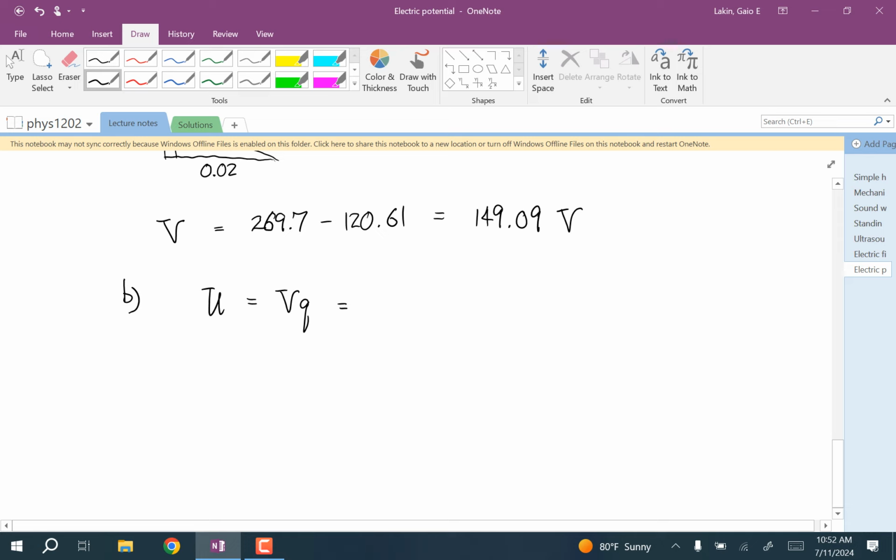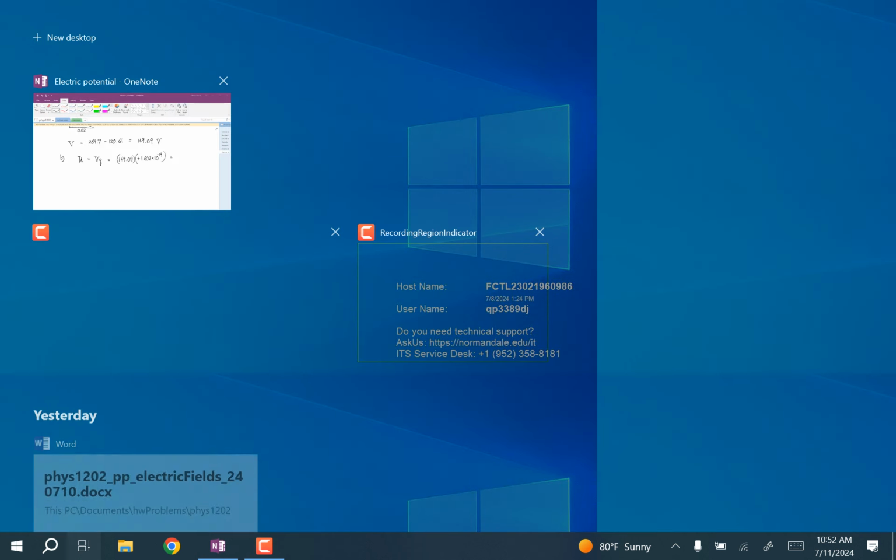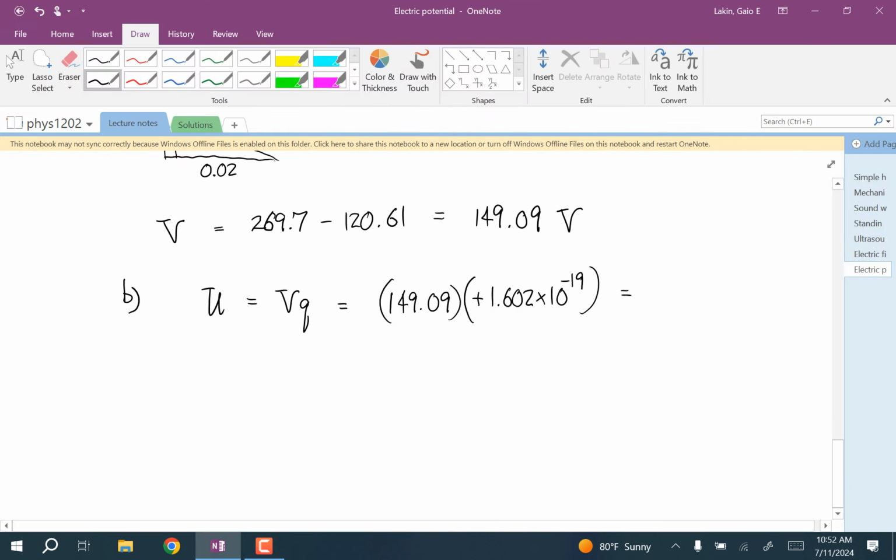So this is going to be 149.09 times the charge of a proton, which is 1.602 times 10 to the minus 19. And you get 2.39 times 10 to the minus 17 joules. So you can see it's pretty simple if you're calculating electric potentials due to fixed charges.